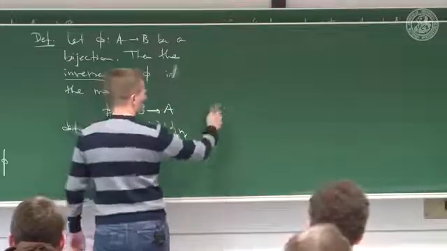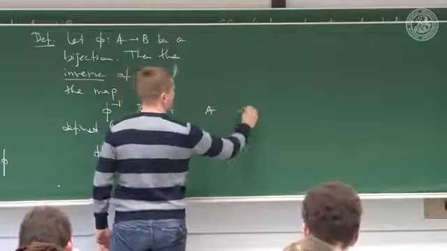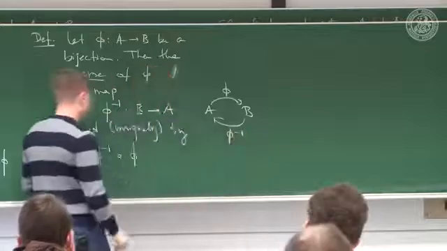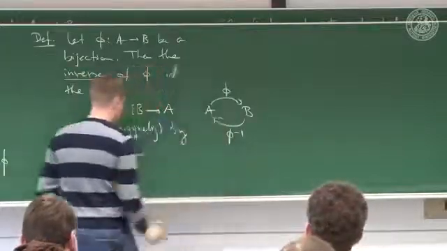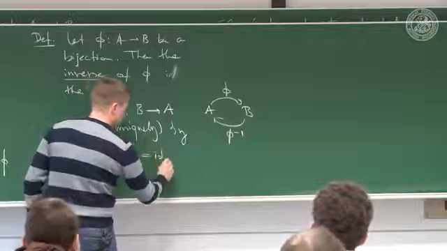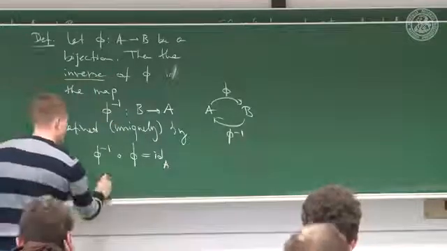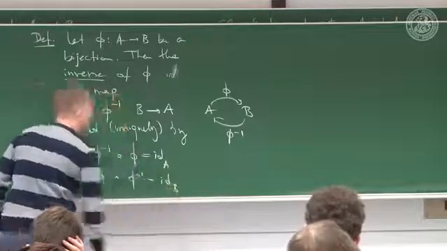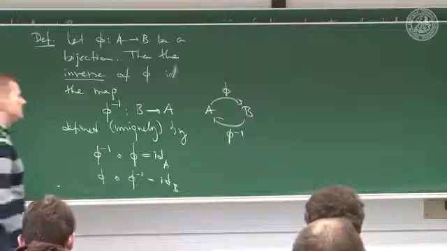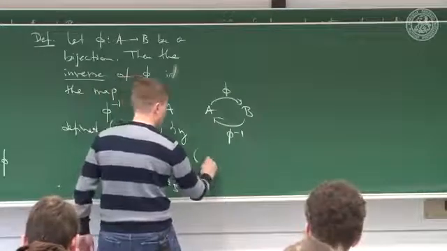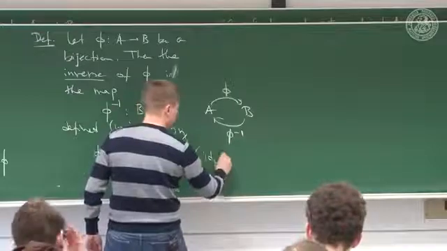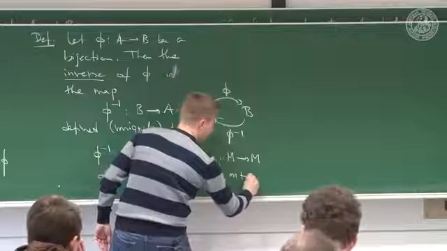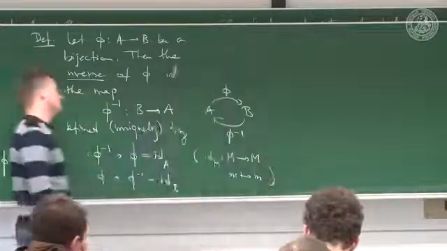Well, let's, for practice, write the diagram. A, B, phi goes like this, phi inverse goes like this. So if you do phi inverse after phi, you go back to A, you require that the result is the identity on A, and if you go the other way around, phi after phi inverse, then it's the identity on B, and the identity on a set M is a map from the set to the set where every element of the set gets assigned to itself.